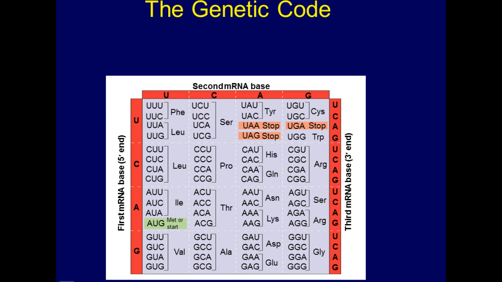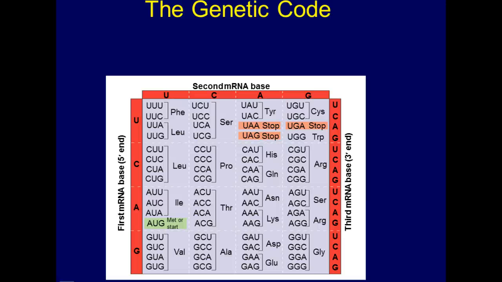So, write in your notes that codons are a 3-base code for the production of a specific amino acid, which is a sequence of 3 of the 4 different nucleotides. And since there are 4 bases and 3 positions in each codon, there are 4 times 4 times 4, or 64 possible codons.